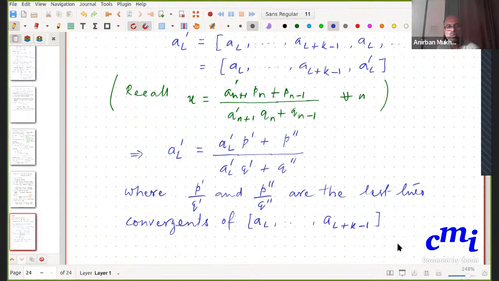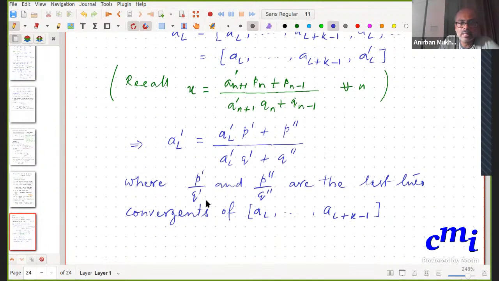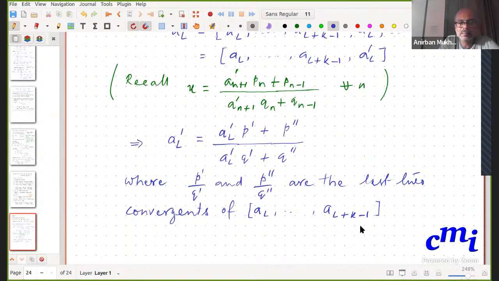So these are the last two convergents. A dash by Q dash is the last one, and A double dash by Q double dash is the previous one. So they are the last two convergents. So we use this notation, and they are integers because all these are integers.